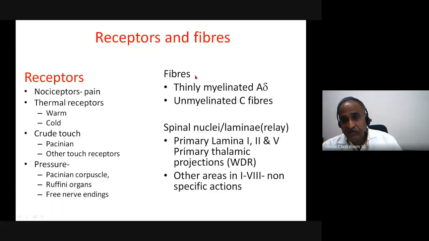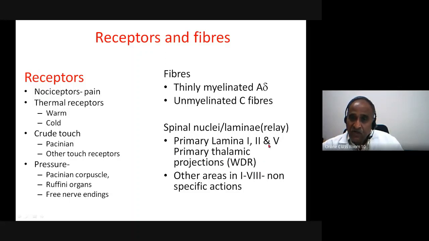After the dorsal root ganglia, they relay in the spinal cord in laminae 1, 2, and 5, especially the nociceptive relays. But the touch and pressure ones involve laminae 3 and 4. So that means the spinal laminae involved are 1, 2, 3, 4, and 5.